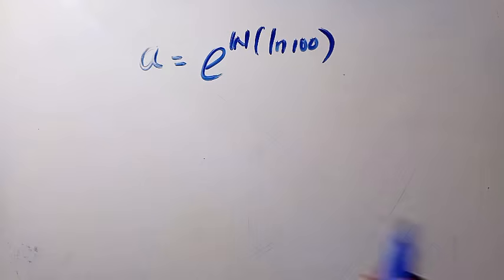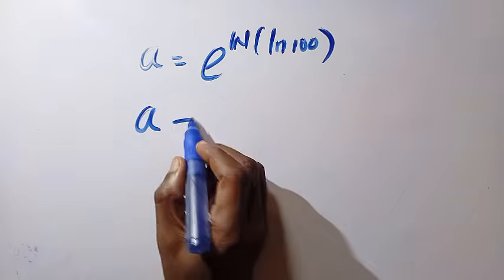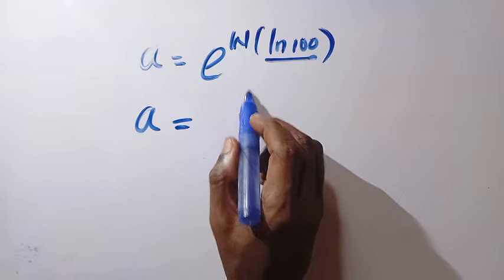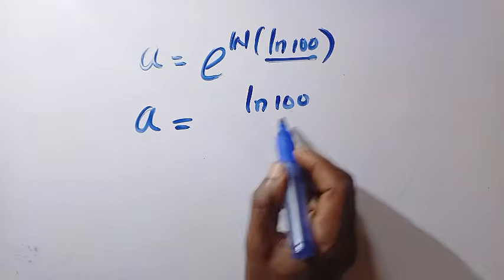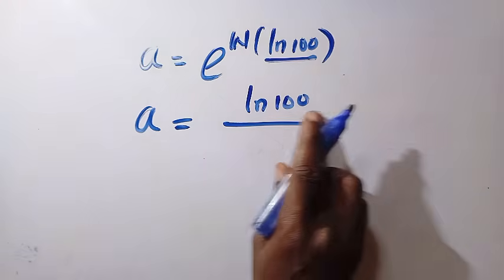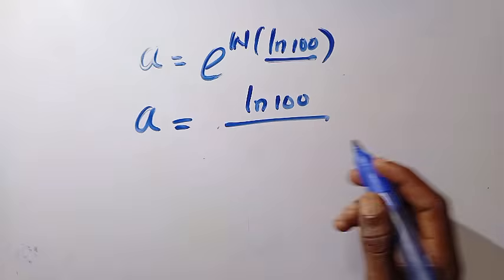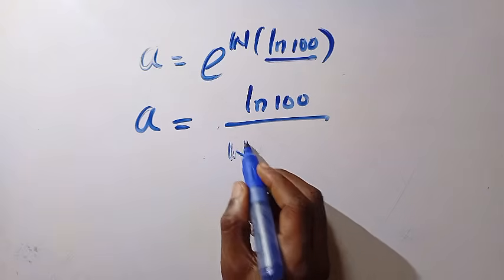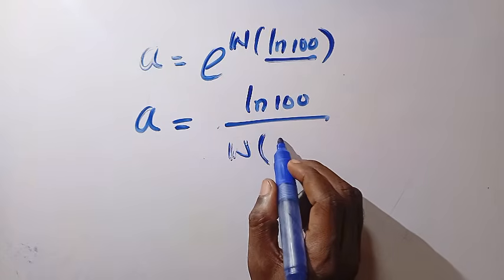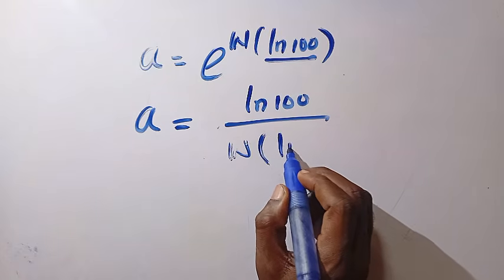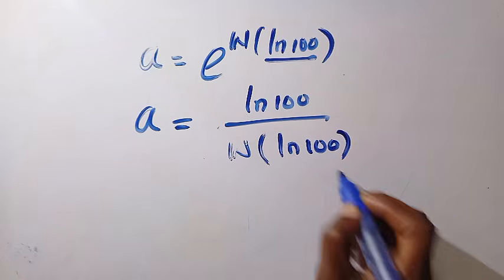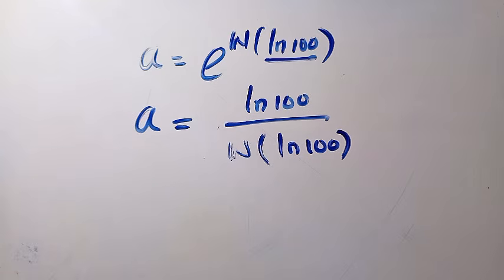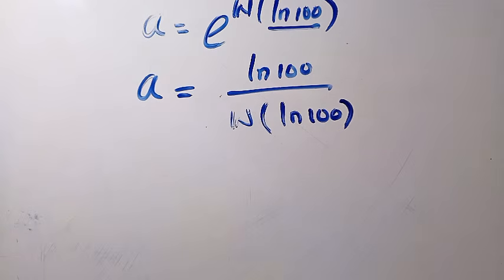By applying the formula, we are going to have A equals, where our z will now be ln of 100, divided by the omega of ln of 100. This is what we have, but let's leave it in a numeric value.